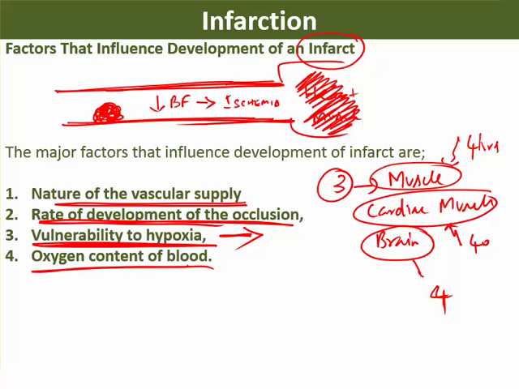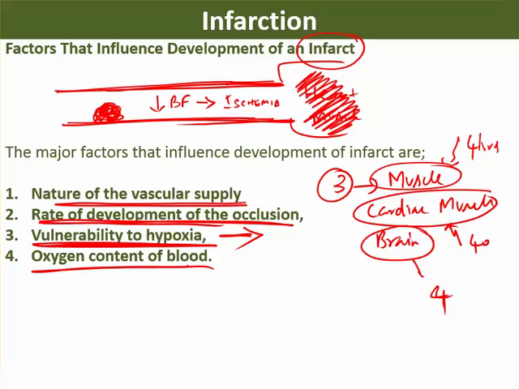Brain doesn't store anything. Brain truly depends on the incoming blood supply. If blood supply is stopped, immediately the brain starts dying. That's why necrosis happens in the brain in 4 minutes. Whereas cardiac muscle stores some amount of glucose, so it starts dying after 40 minutes.